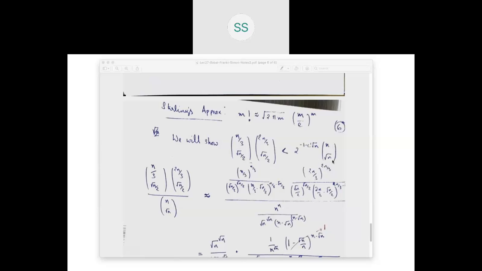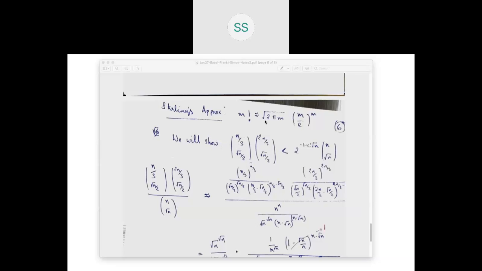And in fact, there was a square root n by 2 term outside, but since that's a single term and we are not dealing with the binomial coefficients, that can be ignored for now, and it doesn't really matter. It can easily be accommodated in the calculation. And this is Stirling's approximation.